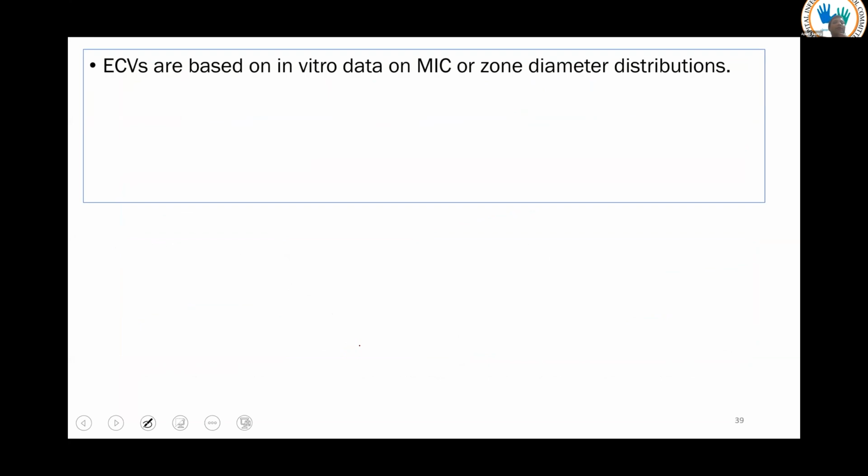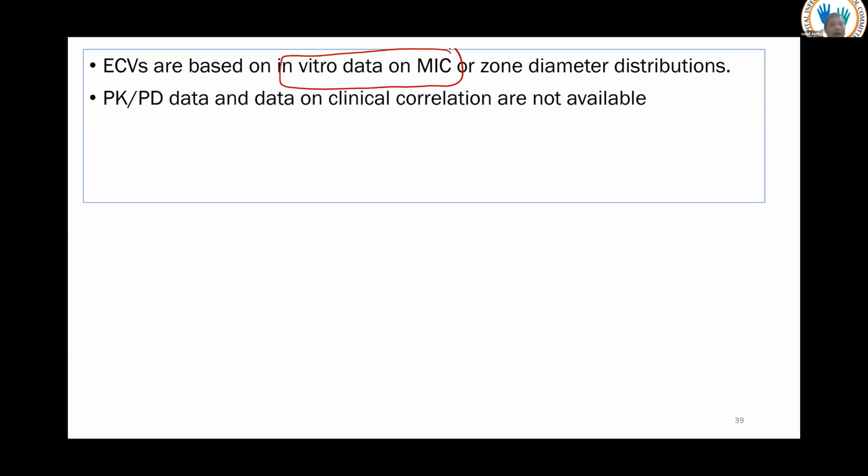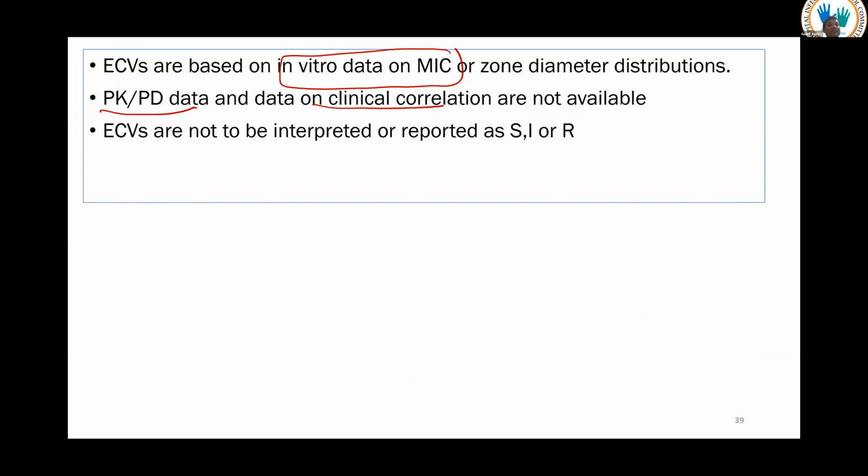Remember that ECOFF breakpoints are based upon in vitro MIC data only. There is no clinical data or PKPD data. The second and third components of a clinical breakpoint are missing here. Therefore, ECVs should not be reported as SIR.